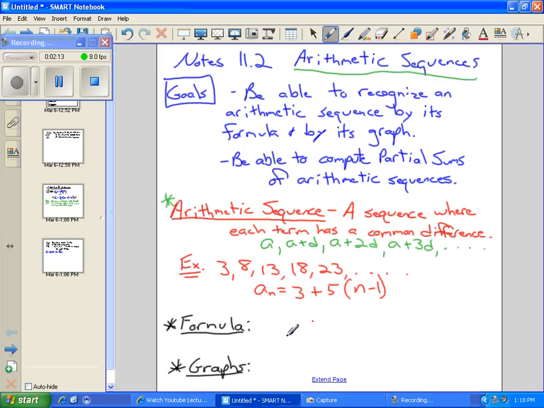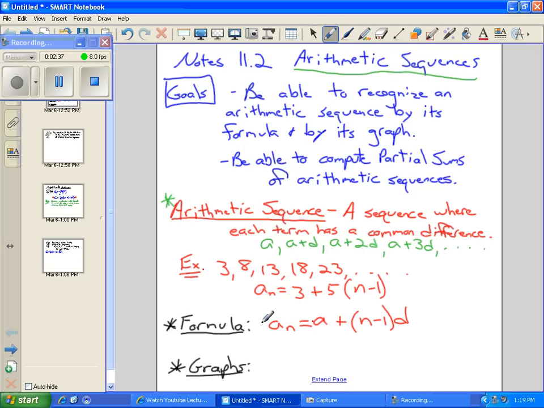But there is a general formula you can follow every single time if you know you have an arithmetic sequence. Make sure you memorize this: A of n is going to equal whatever your first term is, we'll just call the first term A, plus the common difference D times n minus 1.